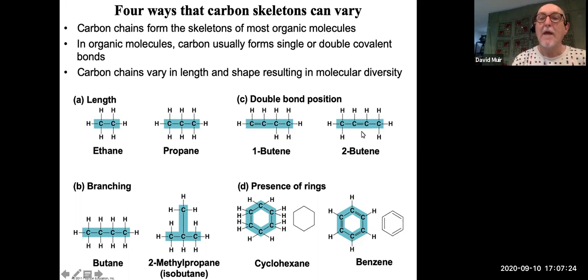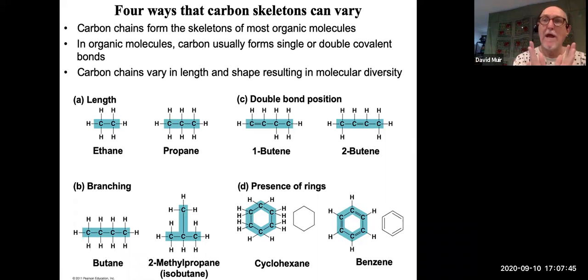This one here, this is exactly the same, by the way. This has the same chemical formula. This one here, 1-butene and 2-butene have exactly the same chemical formula, but they have double bonds in 2 different places. They have 2 different shapes. And because they have 2 different shapes, they behave differently.